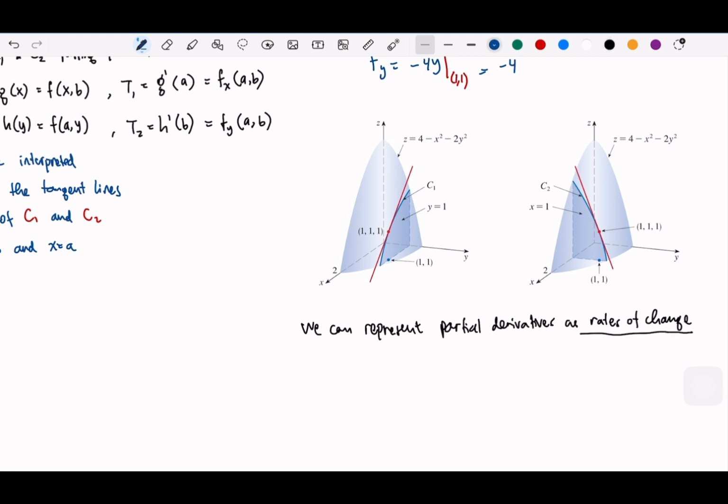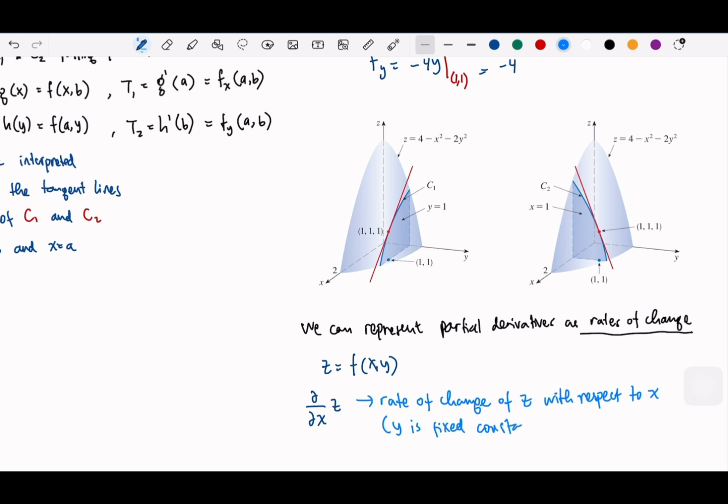So if z is f(x, y), then when we have the partial of z with respect to x, this represents the rate of change of z with respect to x, and y is a fixed constant.